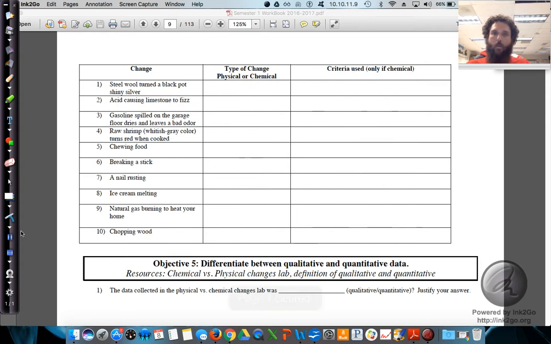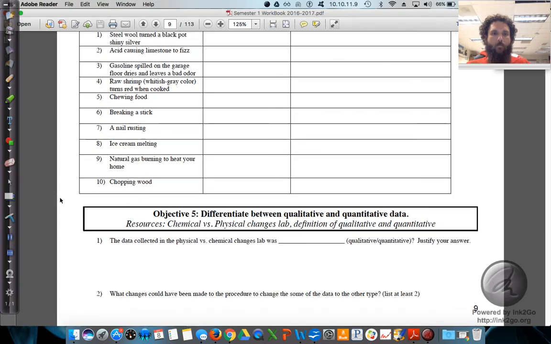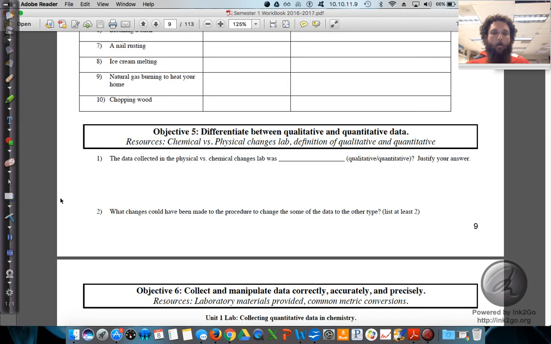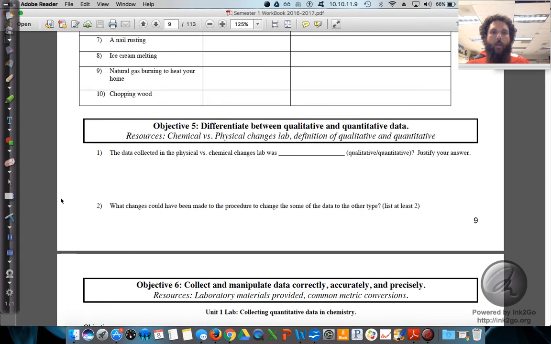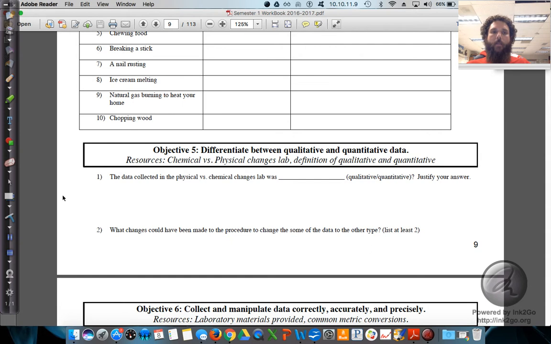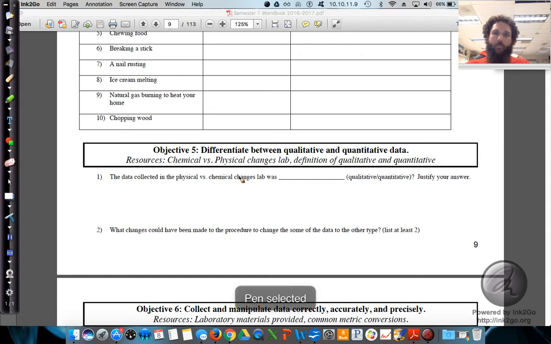All right. This gets wiped. And then the last part. We have the qualitative and quantitative data. In this lab, we gathered information that was qualitative, because we didn't gather any numbers. Qualitative is the quality of it.